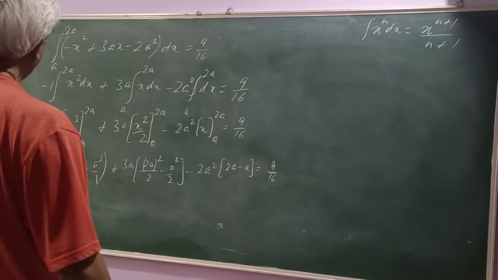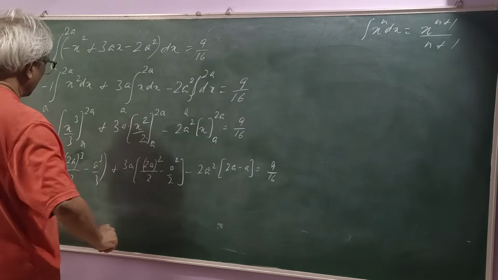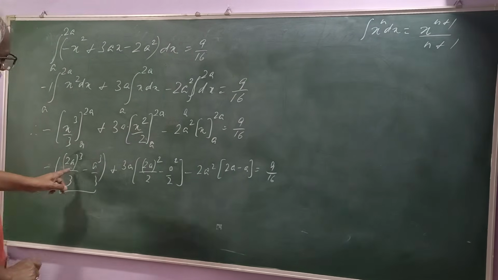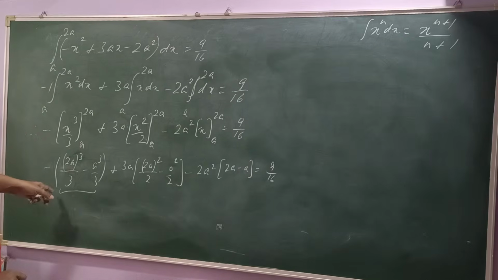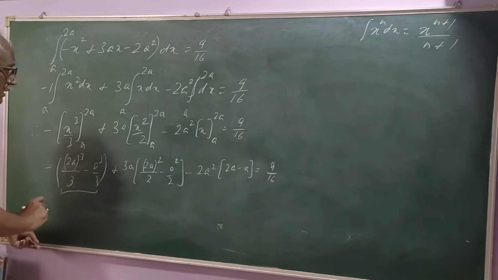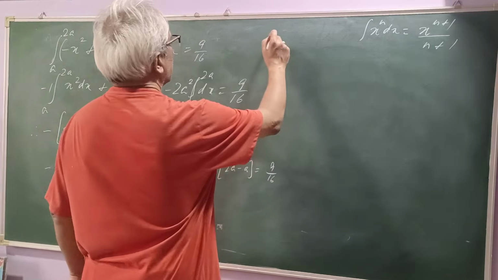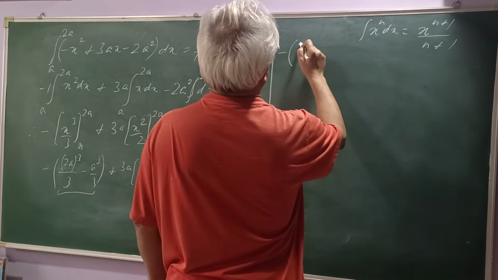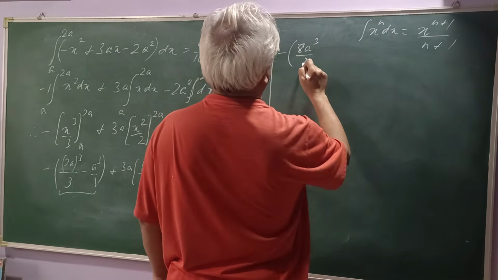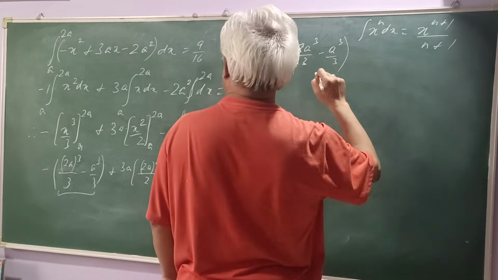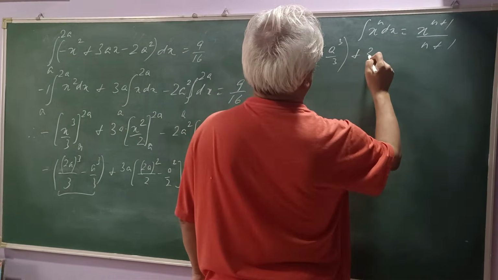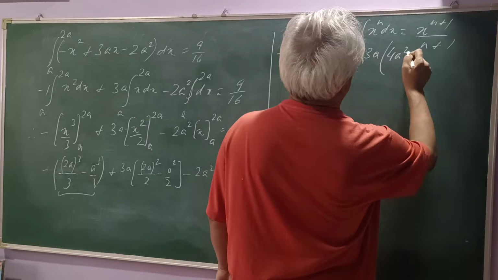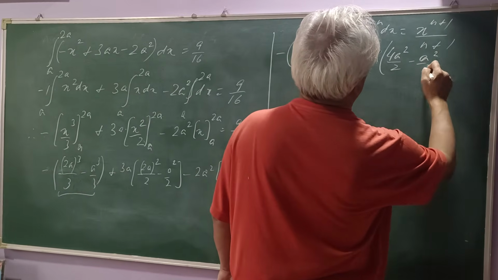Okay, so now let's simplify this. Minus 8a cube by 3 minus a cube by 3, plus 3a. 2a whole square is 4a square, so 4a square by 2 minus a square by 2.